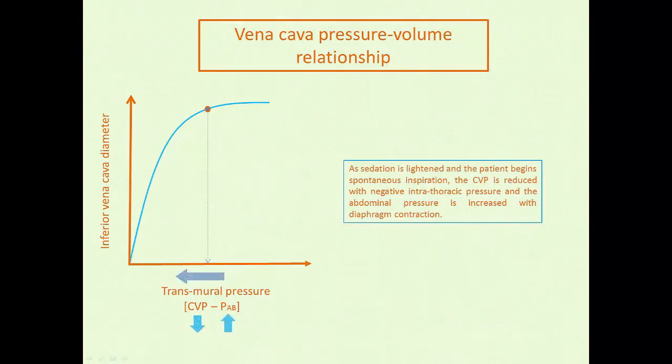So this patient, dropping their intrathoracic pressure with inspiration, is now going to drop their CVP with inspiration and increase their abdominal pressure as they contract the diaphragm and compress the abdominal contents. Their abdominal pressure is going to go up. So pressure in the vessel going down, pressure outside the vessel going up, and now transmural pressure is going down.